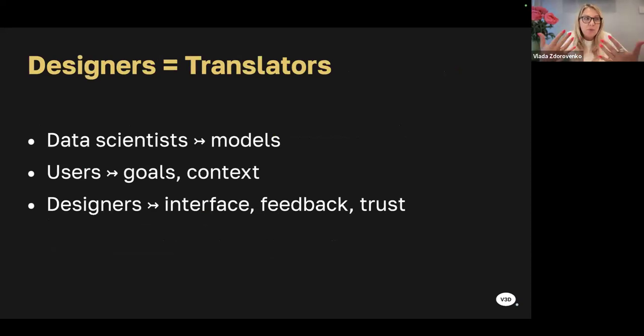In exploring all this in terms of my everyday work, I would say that we as designers are translators, because data scientists create models.